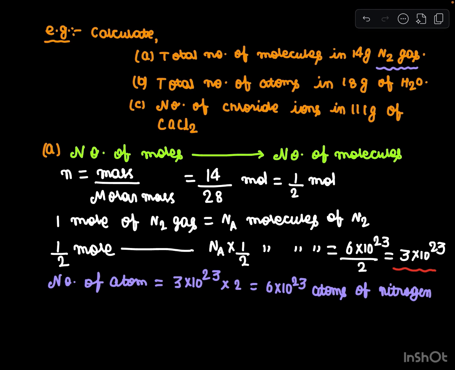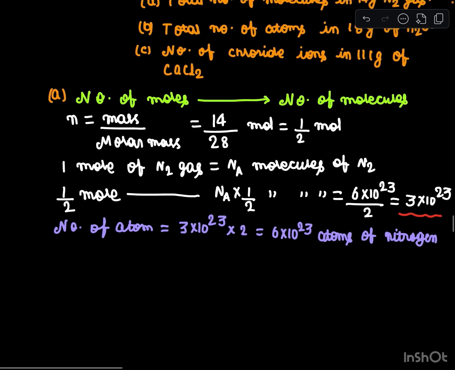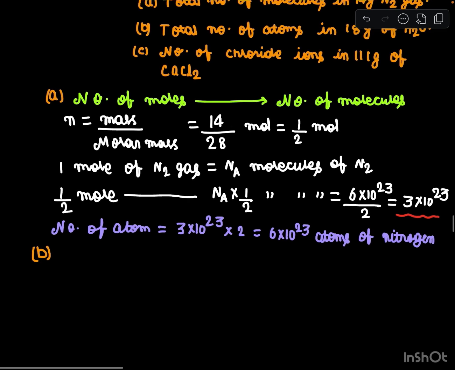Now we have to calculate the number of atoms in 18 gram of H2O. This is part B. At first let me write the steps. At first we will calculate the number of moles.